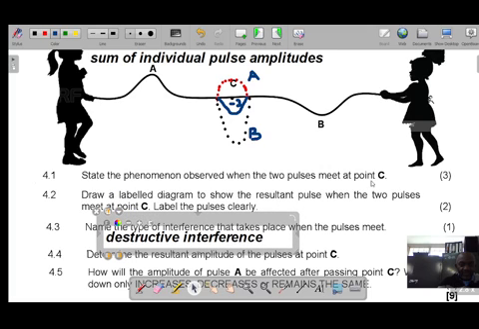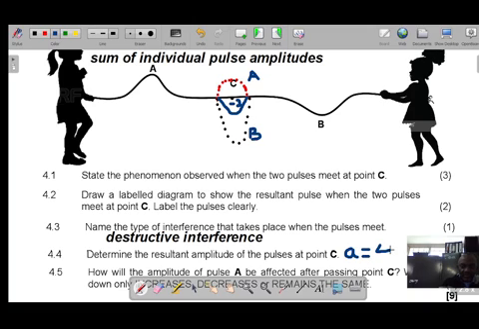Then next they're saying determine the resultant amplitude of the pulses at point C. So at point C here, my amplitude is given by the sum, like I said. My resultant equals the initial amplitude for A, which was positive 4 centimeters, plus negative 6 centimeters.